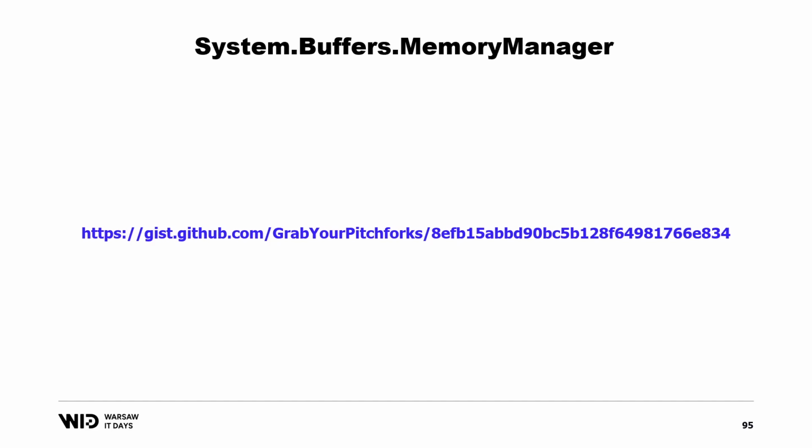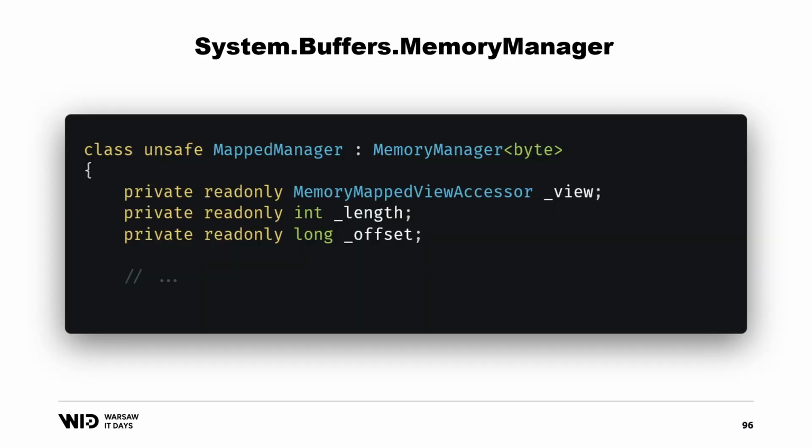In short, what we need to do is to create a memory manager. The memory manager is used internally by a Memory whenever it needs to do anything more complex than just pointing at a section of an array. In our case, we need to reference the memory mapped view accessor into which we are looking.